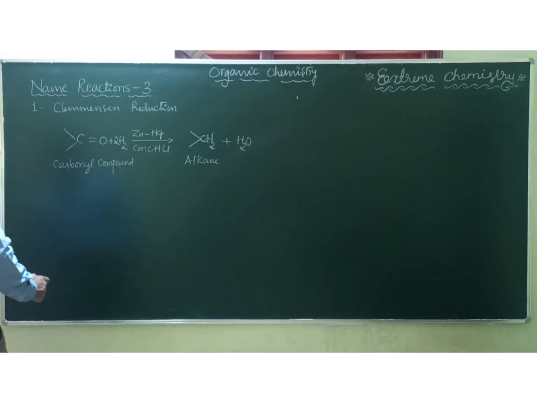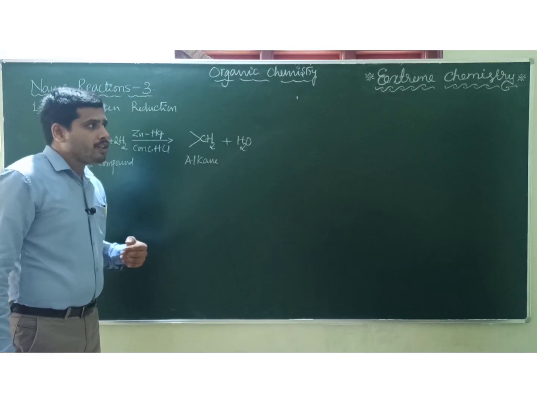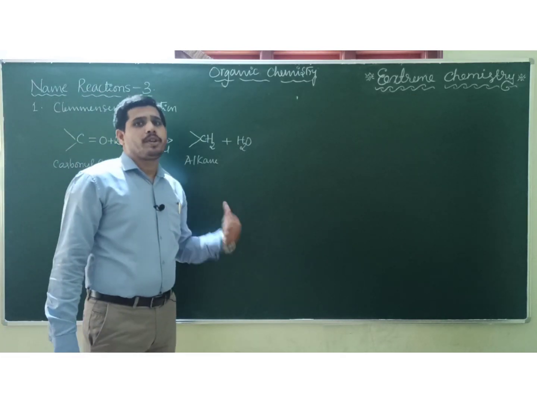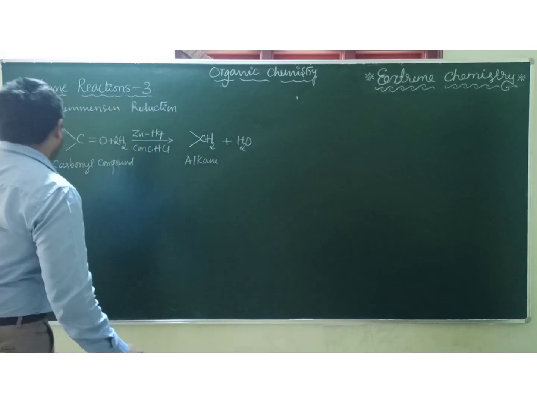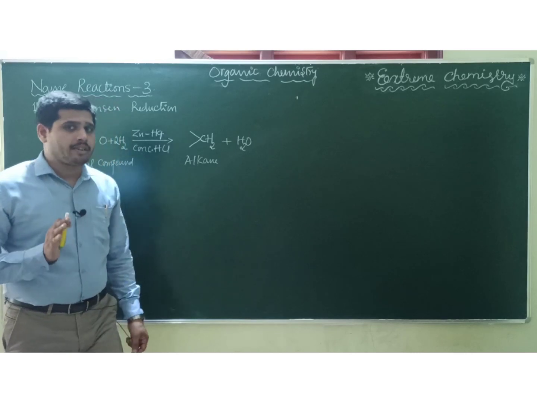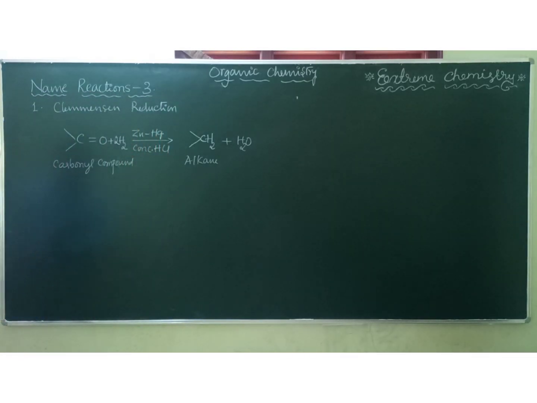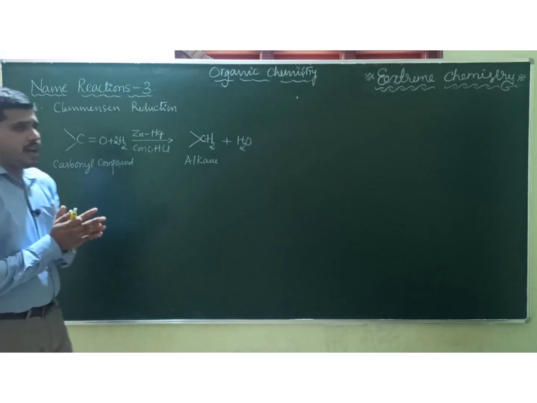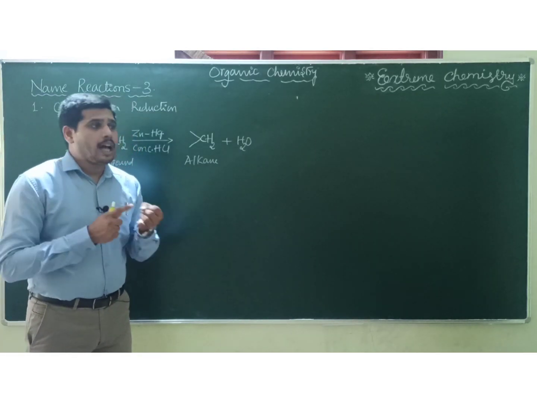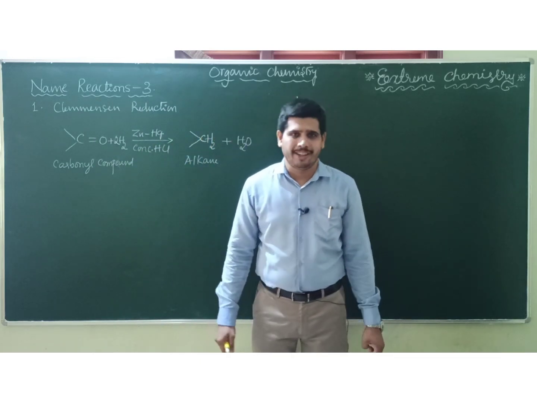Fine. So now let us understand when this reaction can be used, or when we are not supposed to use this particular reaction. This is, to be precise, a very important competitive exam point. So let me write it. This reduction reaction fails when there are carbonyl groups along with a carboxylic group.